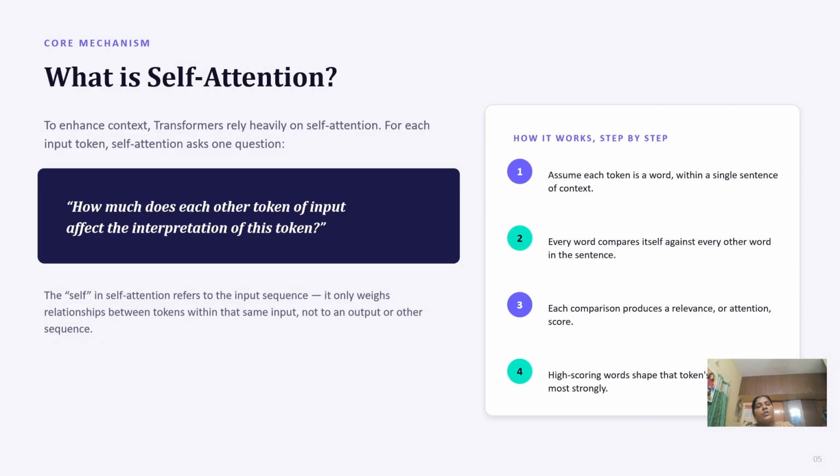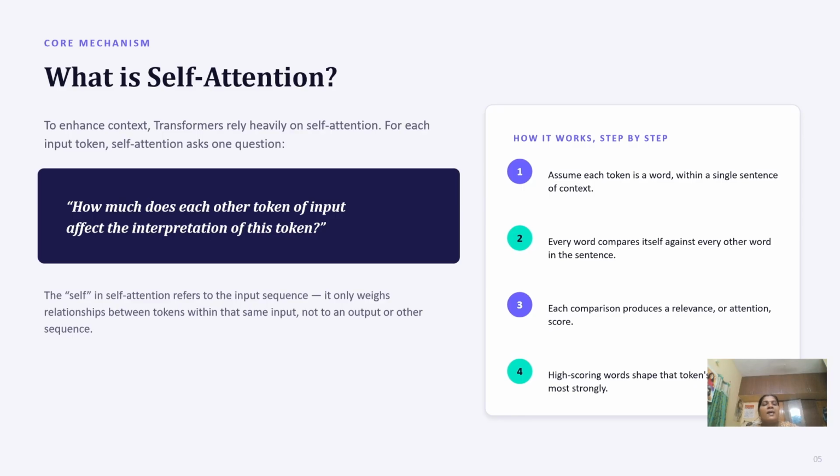The core mechanism of an LLM needs to be understood with a concept called self-attention. We would have come across self-attention mechanisms in neural networks and all that. Transformers rely heavily on self-attention. For each input token, self-attention asks one question: how much does each of the tokens of the input affect the interpretation of this token?